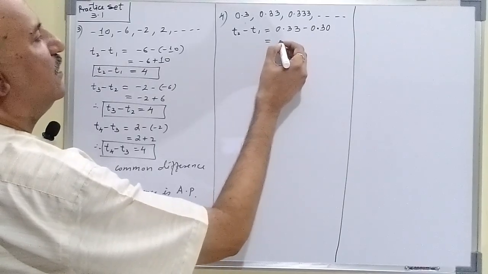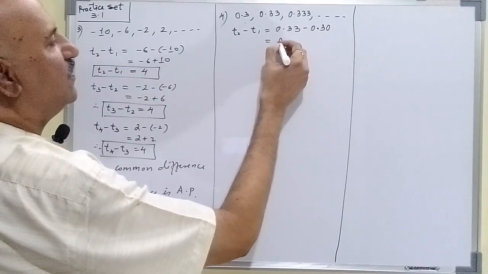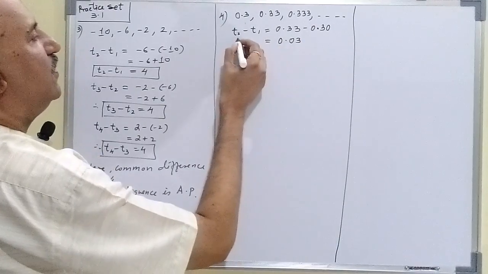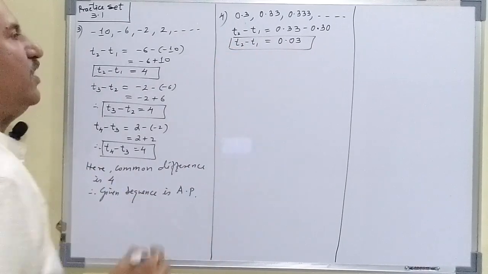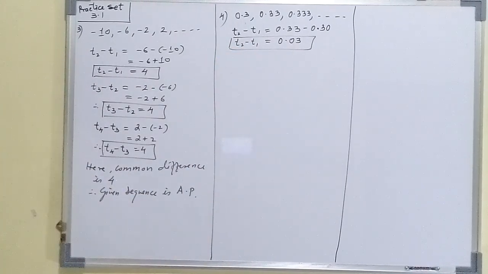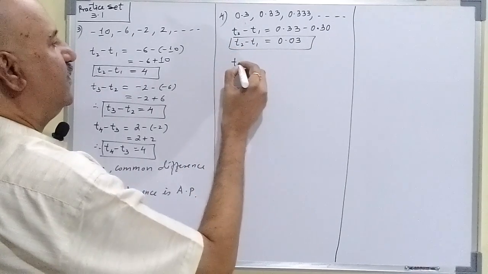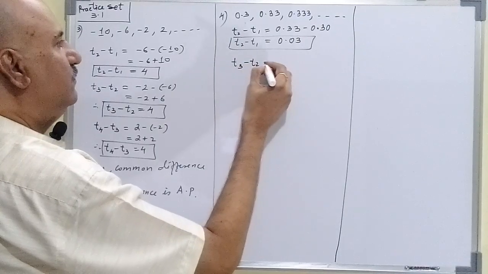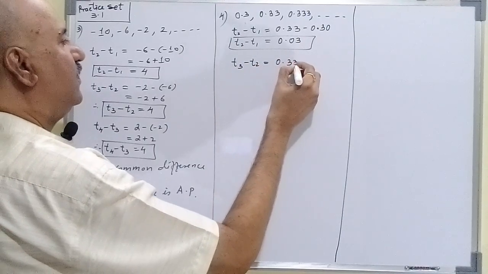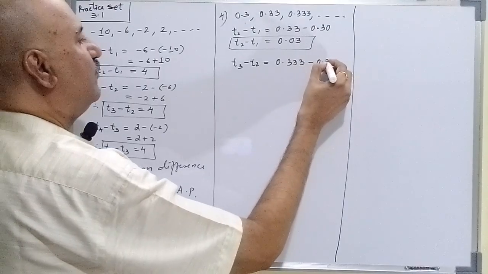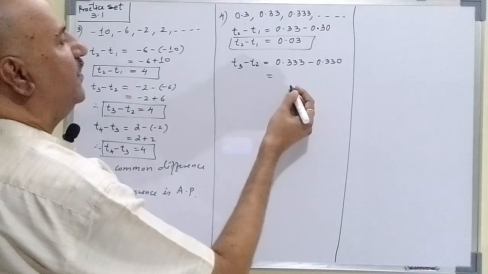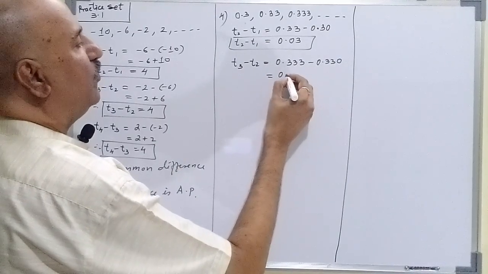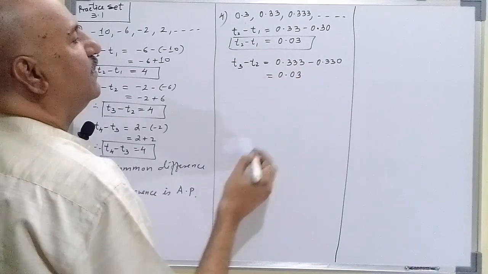So this will be 33 minus 3, which is 0.03. See, T2 minus T1 difference is 0.03. What is difference of T3 minus T2? 0.333 minus 0.330. This will be 0.003.